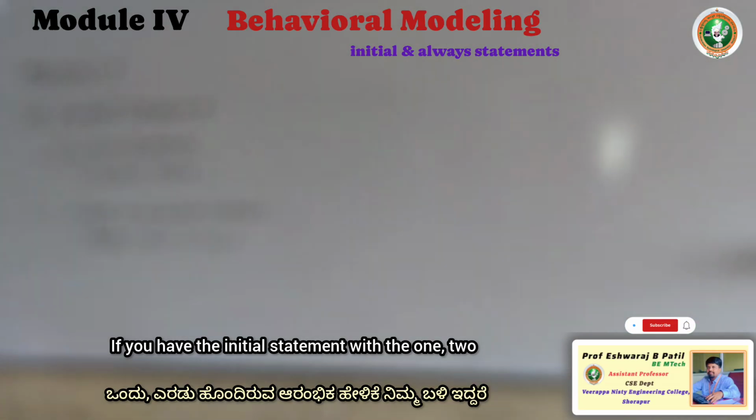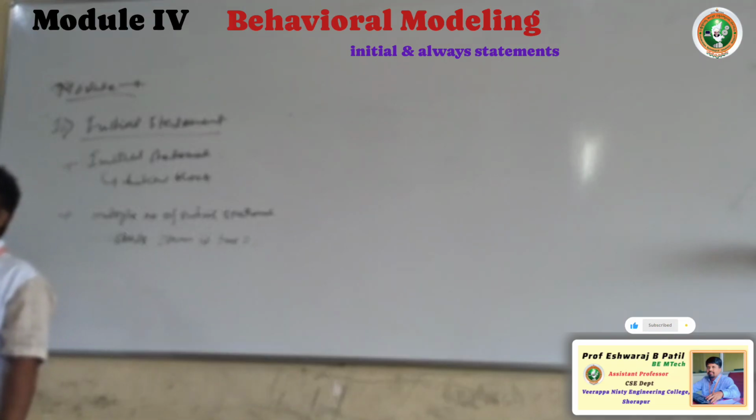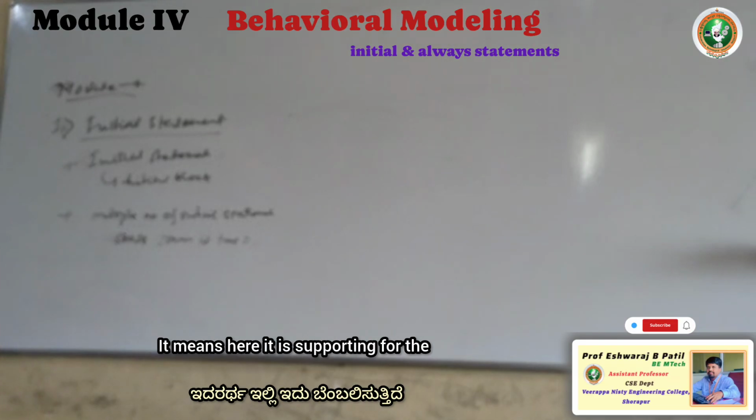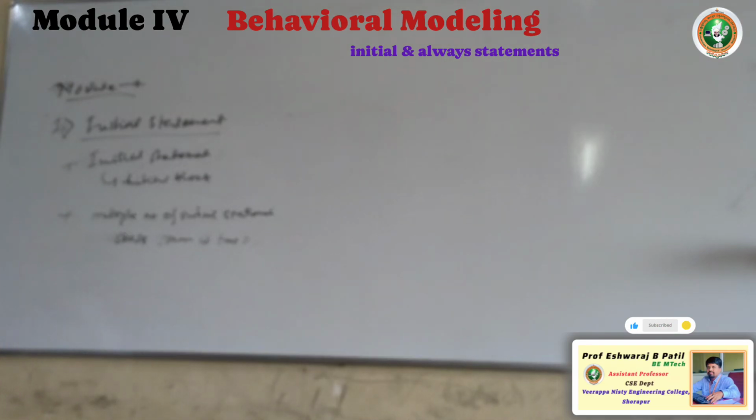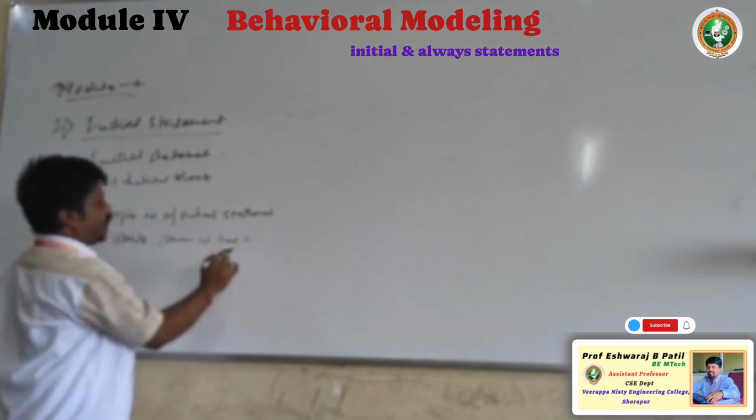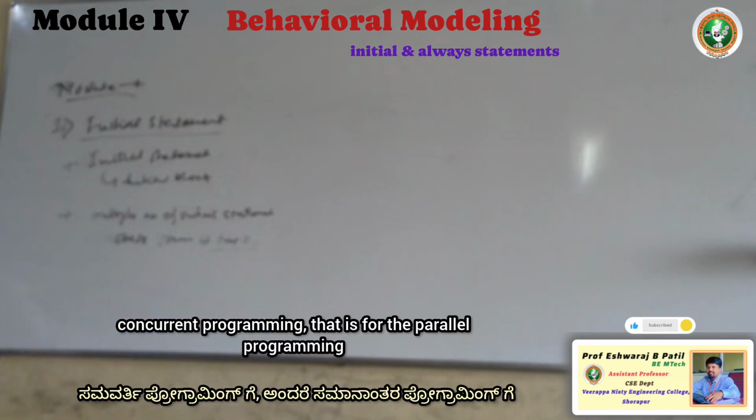If you have initial statements 1, 2, 3 like this, these initial statements start executing at the time of 0. It means here it is supporting concurrent programming, that means parallel programming.